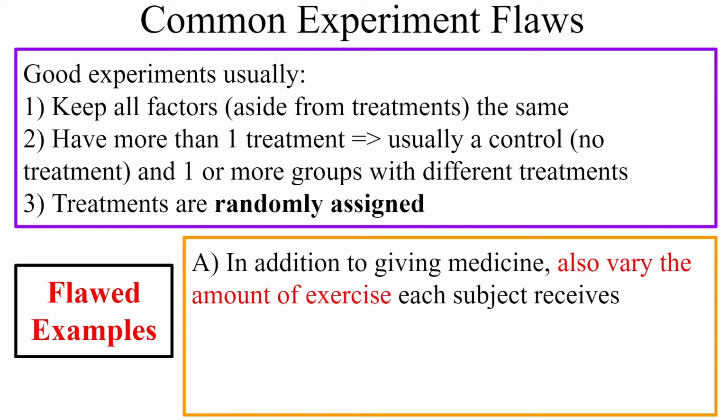Yes, as you get into higher level statistics courses, there's probably ways to make experiments with tiered types of treatments, but you're never going to see that on the SAT. So pick one thing you want to vary and only vary that one thing. So either just vary the medicine or just vary the exercise. Do not vary both at the same time.